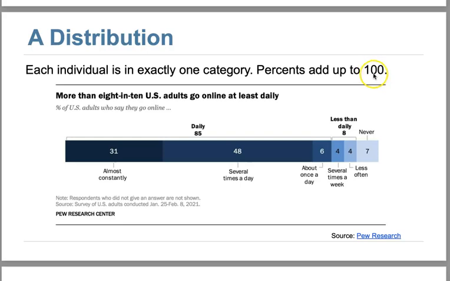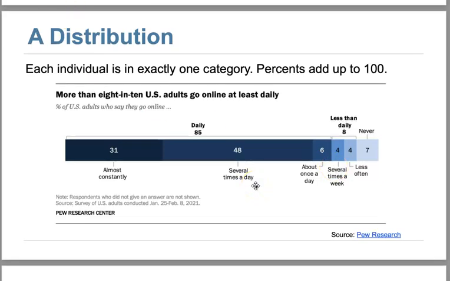They add to 100 percent because each individual needs to choose exactly one category. You can see they are online daily more than 80 percent. The total is 85 percent, adding the daily categories. So that is a distribution for your attribute.